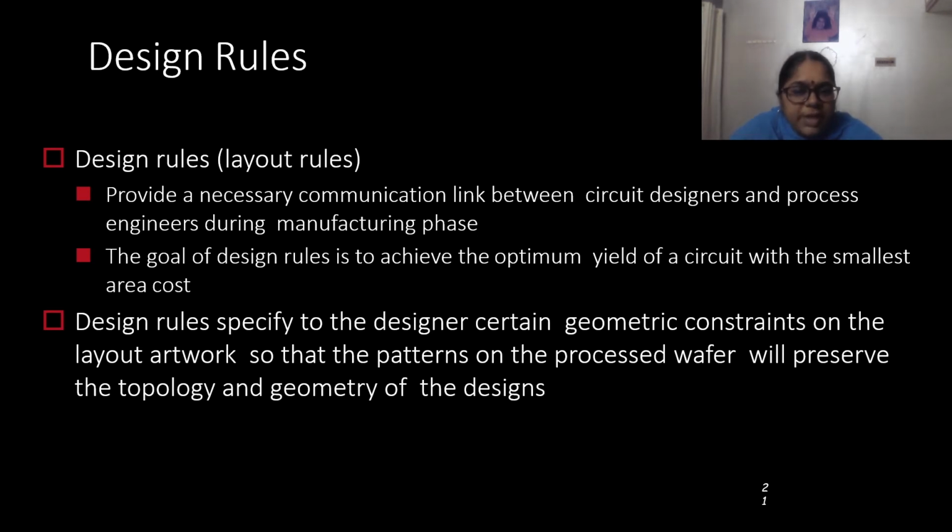Design rules specify to the designer certain geometric constraints on the layout artwork so that the patterns on the processed wafer will preserve the topology and geometry of the designs. So they specify geometric constraints. What are geometric constraints? As I told you, the width of the layer, then the spacing between any two layers, all these things are specified by the design rules.